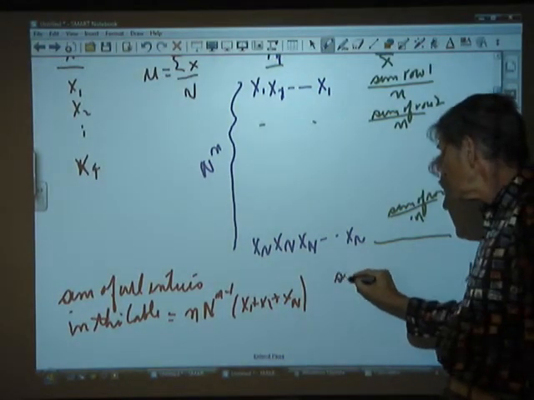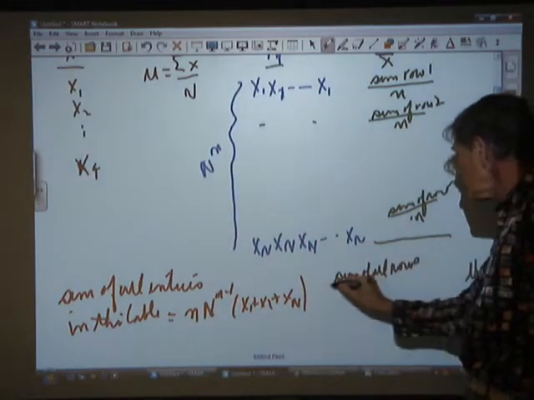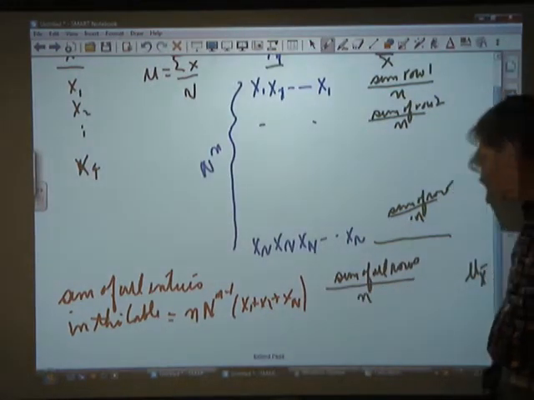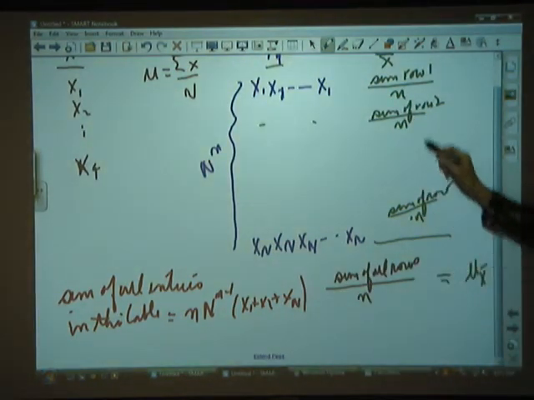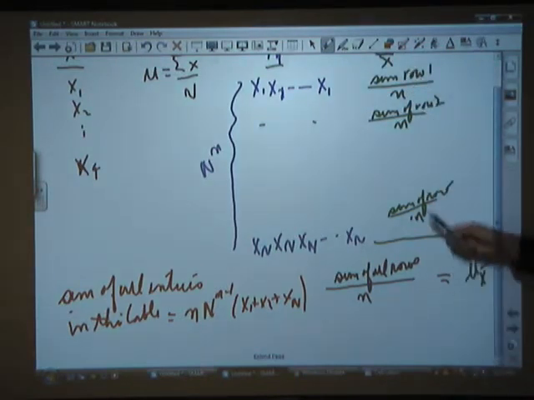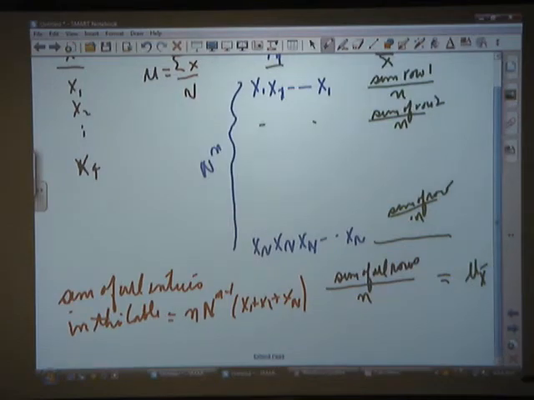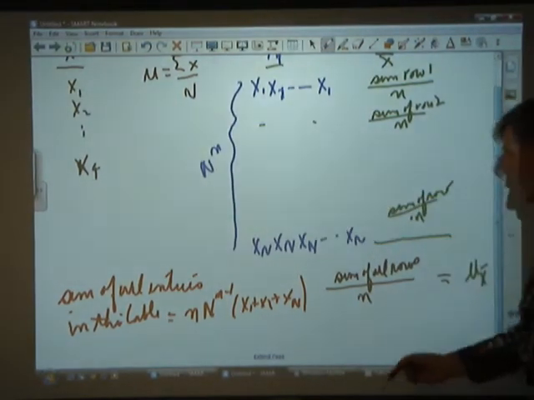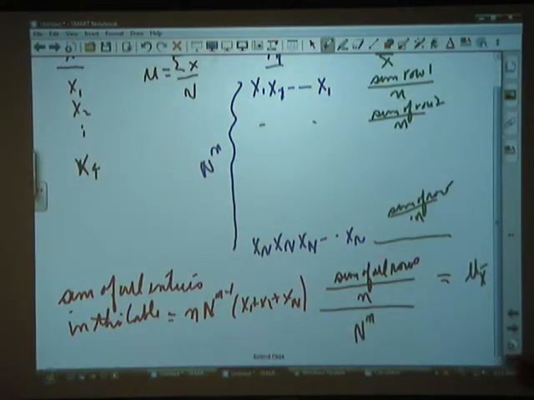So it's the sum of all rows divided by n. This is the sum of this column. Then, to find the mean value of all of the means, we have to take the sum of this column and divide by the number of entries in the column. The number of entries in the column is N to the n, capital N to the small n.